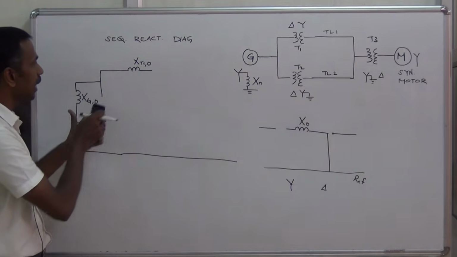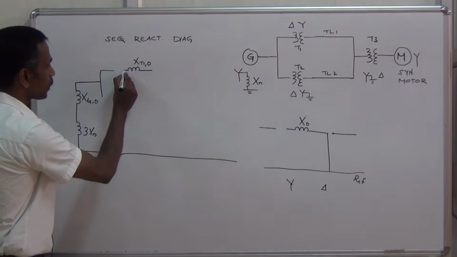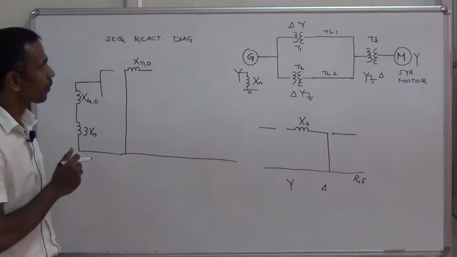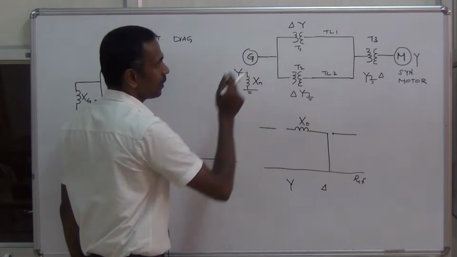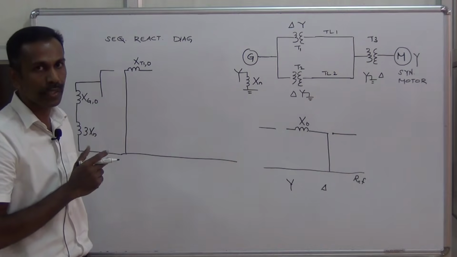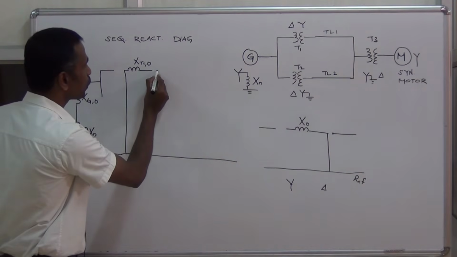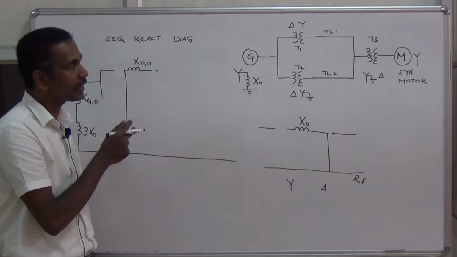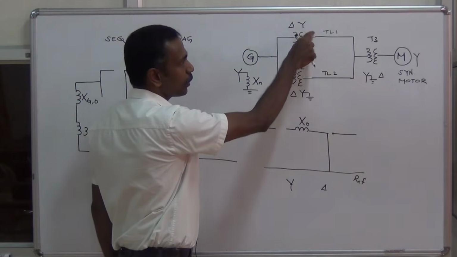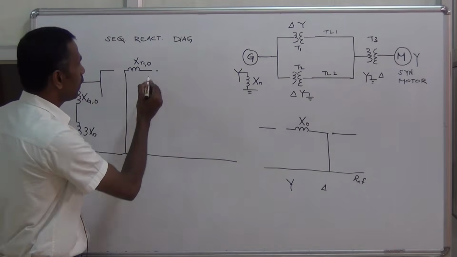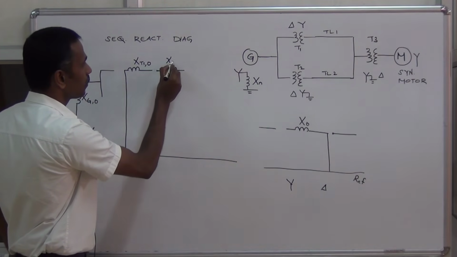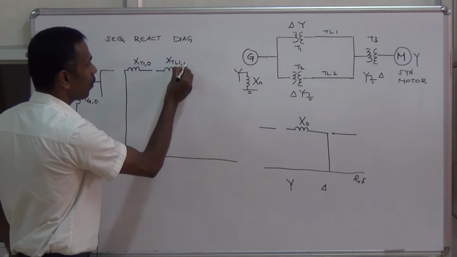So whenever you see the delta connection, you make a short circuit to the reference bus. Then on the secondary side, it is star without neutral grounding. So this circuit should be kept open. This is not completed because there is no connection to the ground. Our next element is the transmission line, XTL1,0.